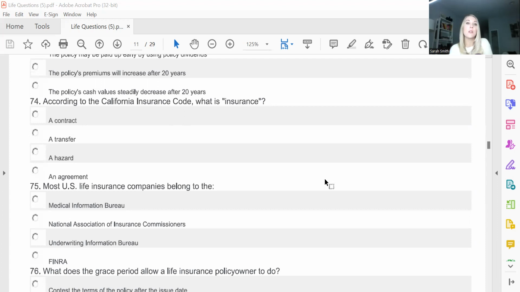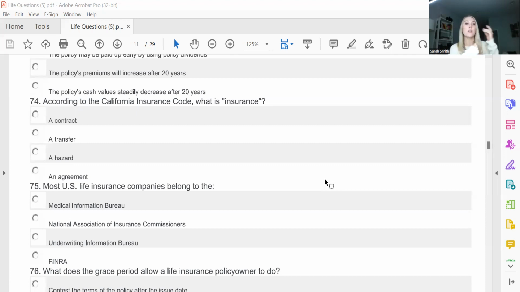So according to the California Insurance Code, insurance is a contract because it meets those four contract requirements: competent parties, legal purpose, consideration, and I'm blanking on the last one. Competent parties, legal purpose, consideration, and offer and acceptance.